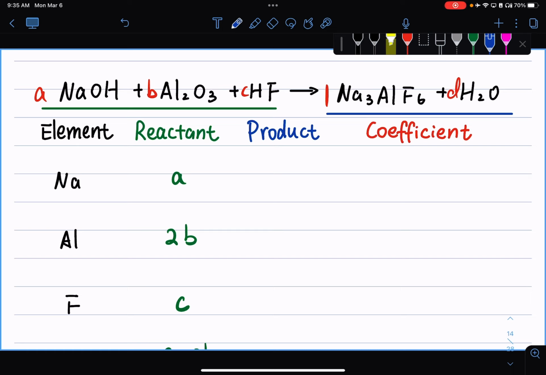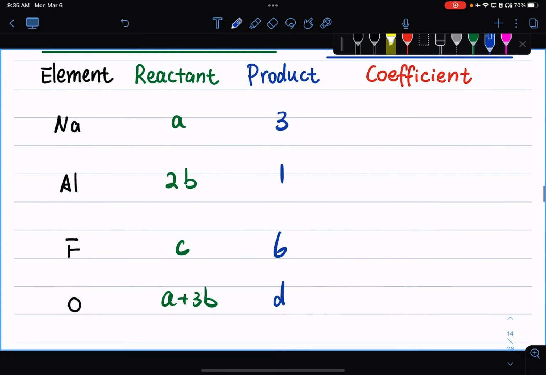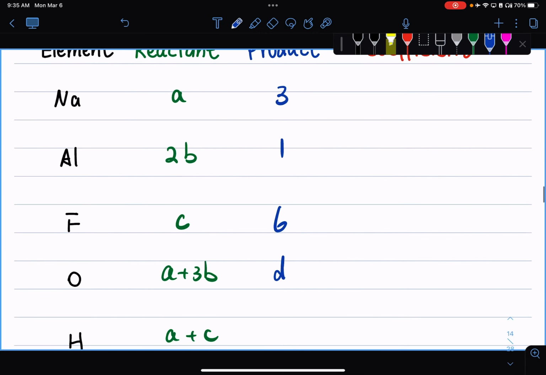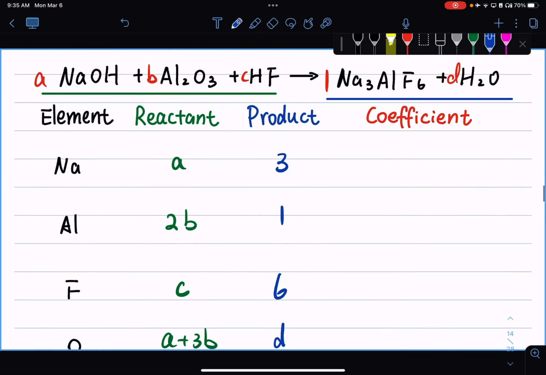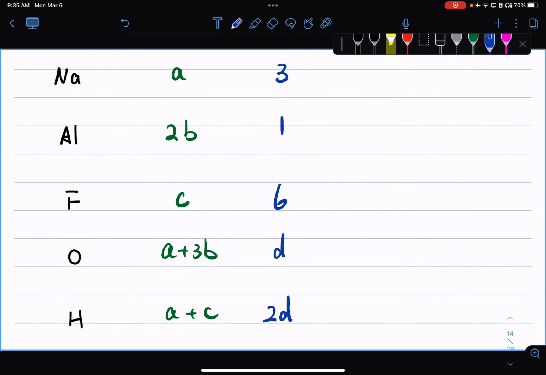For sodium in my product, we have 3. Aluminum equals 1. Fluorine equals 6. And oxygen, that's D. And hydrogen, that's 2D. All right, so now we have this matrix of equations we can solve.